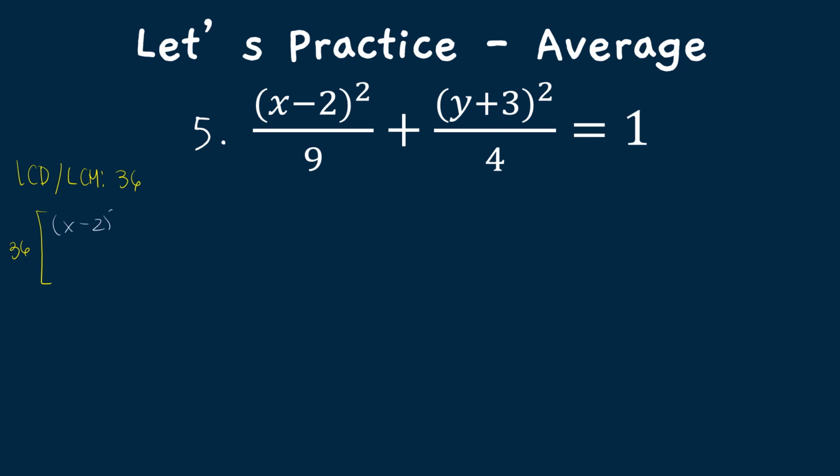Again, multiply the whole equation by that LCM or LCD, and it is 36 multiplied by x minus 2 squared over 9 plus y plus 3 squared over 4 is equal to 1 multiplied by 36. Again, 36 divided by 9 is 4. Okay? So you have 4 there in front.